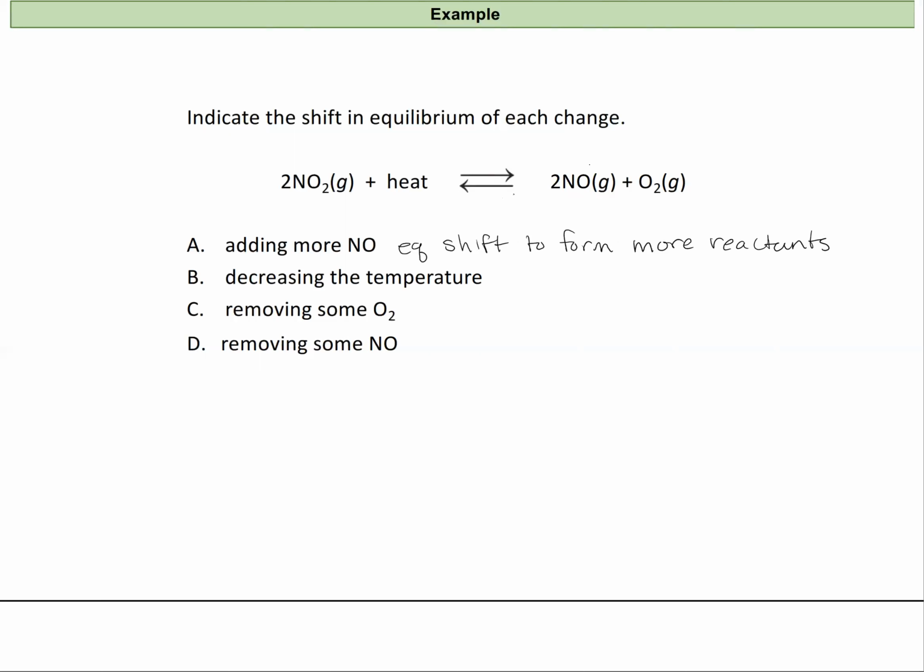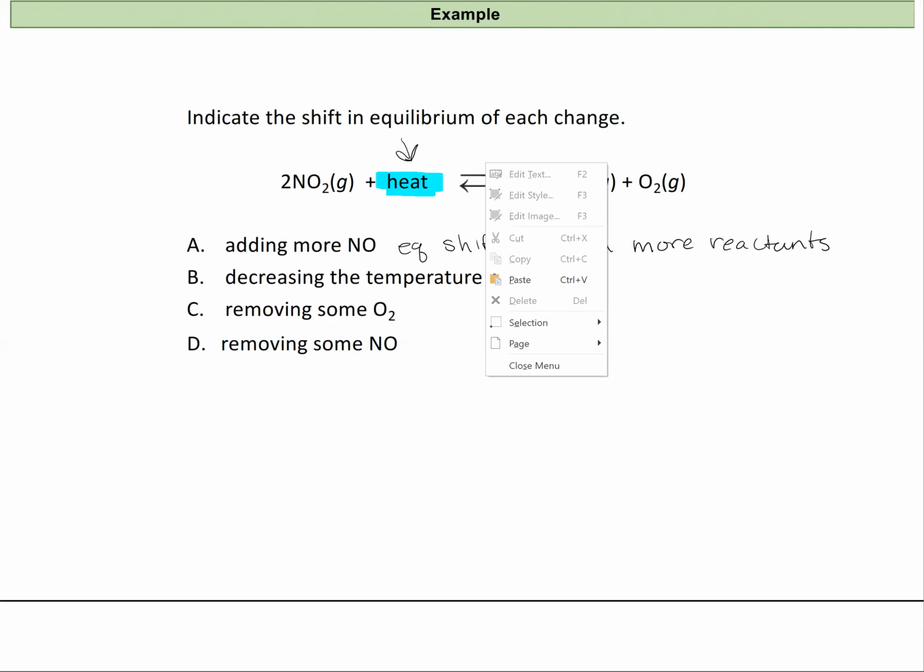Now, if we decrease the temperature, we're going to be decreasing the amount of heat that we have in our reaction. So now this is going to go down. And when we decrease the amount of heat, we're decreasing a reactant. And so we'll see the arrow for the forward reaction, this rate decreases as well.